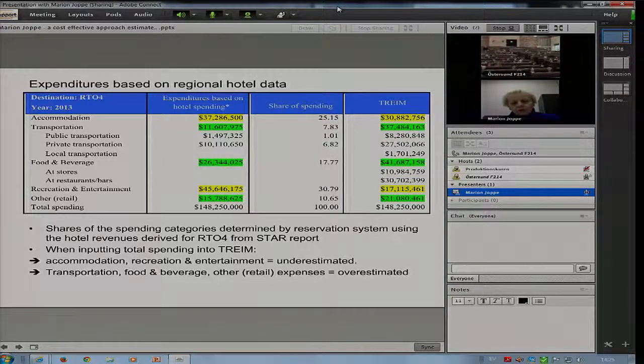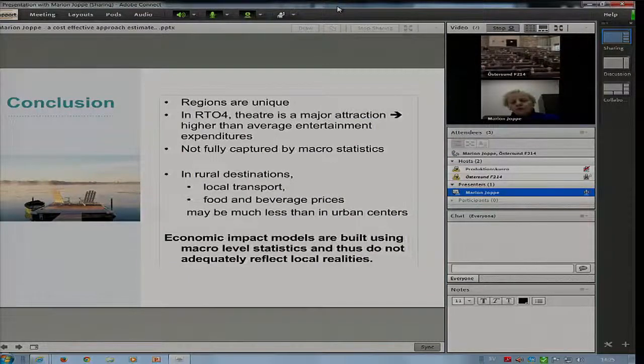So when we then look at all of these, our conclusions are really that the regions are very unique, and that with theater being the major attraction in RTO4, the higher than average spending on entertainment and accommodation as well is really not captured by the macro statistics.